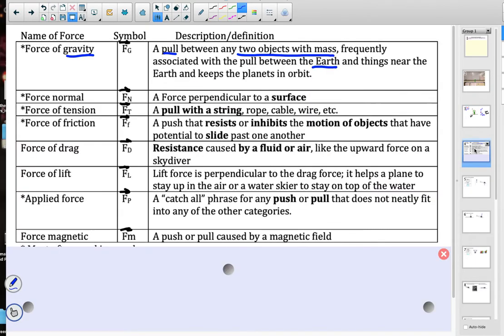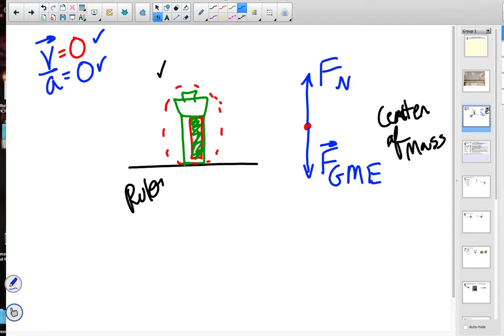According to our list, a normal force is perpendicular to a surface. So we'd say force normal on the marker by, we're going to use R for ruler. And we need to use a vector up here because forces are vector quantities, because direction's important. We want to identify that these are the same length as each other. I can measure them out with my fingers or put hash marks on them.